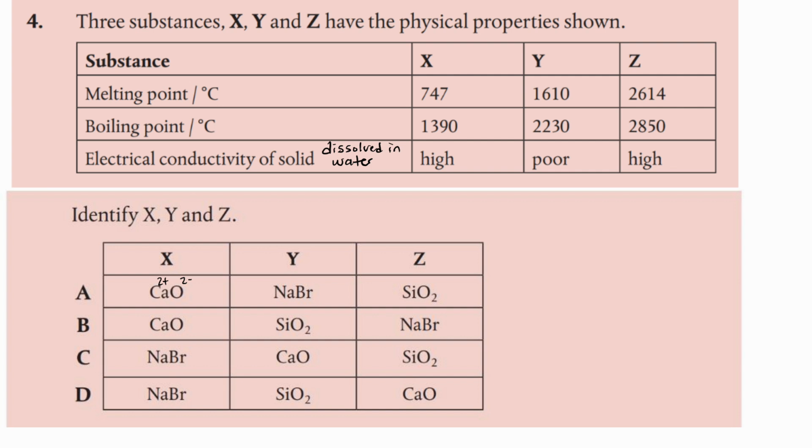Then we have sodium bromide, which is also an ionic compound because we have that electrostatic attraction between oppositely charged particles. And then finally, we have silicon dioxide, which if you don't know at this point, please write it somewhere in your notes. Silicon dioxide is a covalent network solid, which is something we'll talk about more specifically on the next slide.